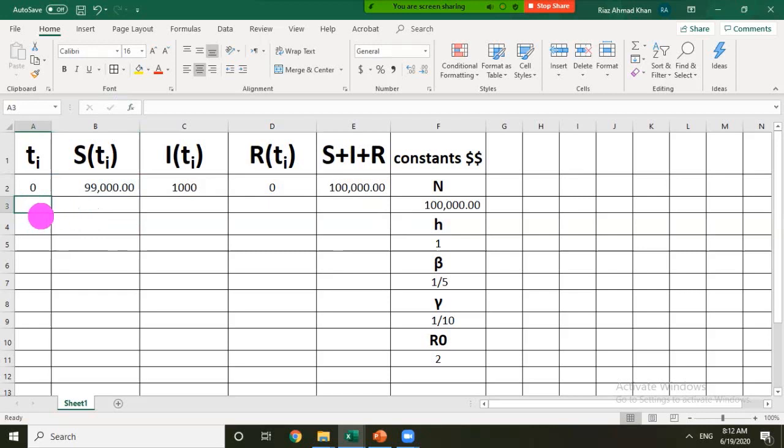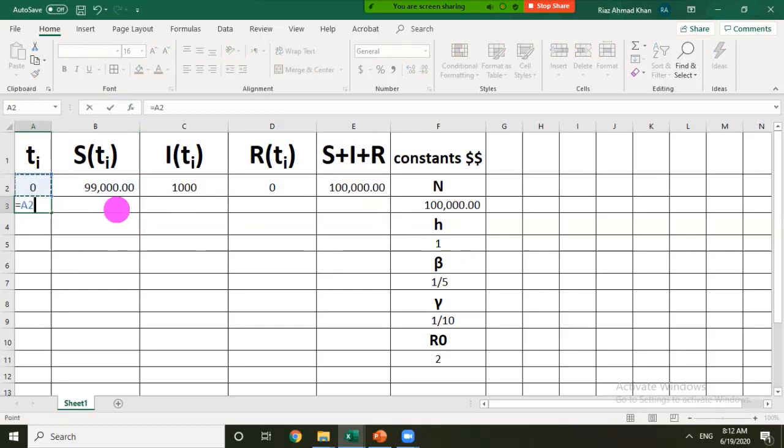Now T naught is equal to 0 and T1 is equal to, suppose H is equal to 1, so T1 will be equal to 1. But if H is equal to 2, T1 will be equal to 2. Let us define it also.